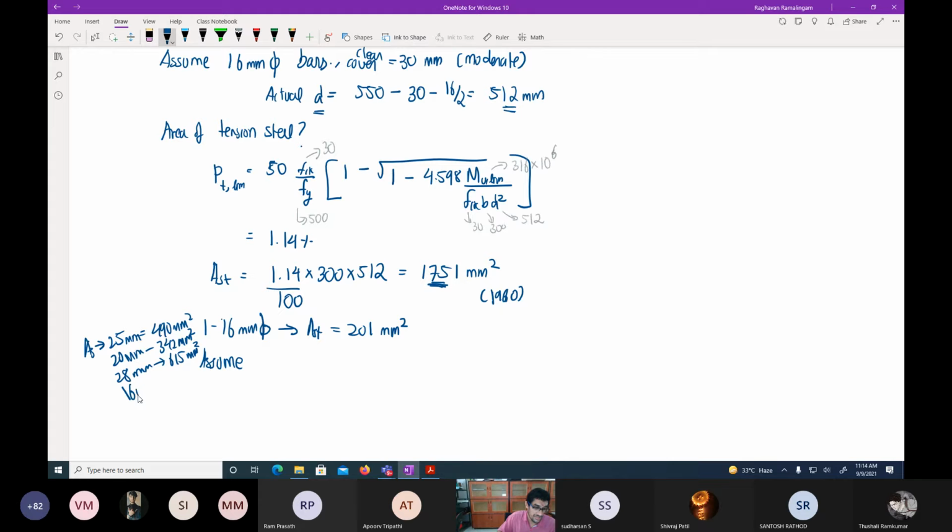And 16 mm bar is 201 mm square. Can you come up with some combination which gives you close to 1751? Say two numbers of 25 and three numbers of 16, or any combination that you think will work. 12 mm is 130.